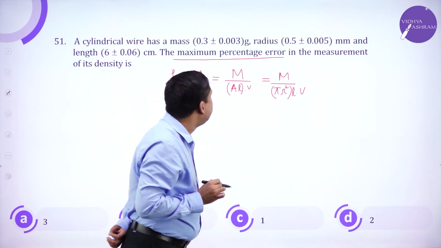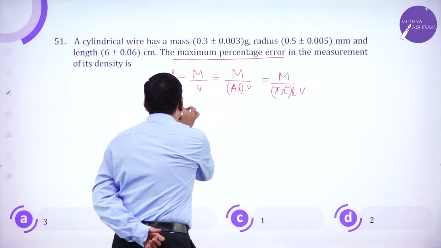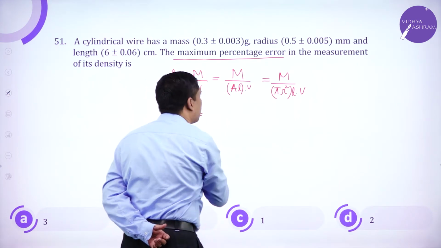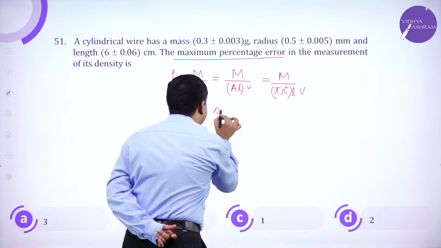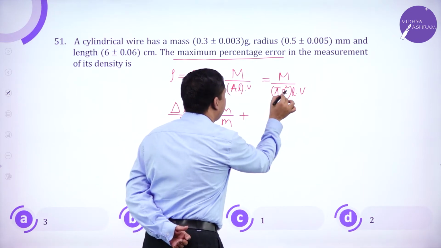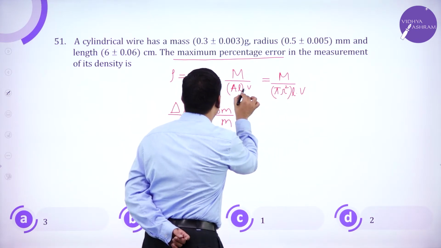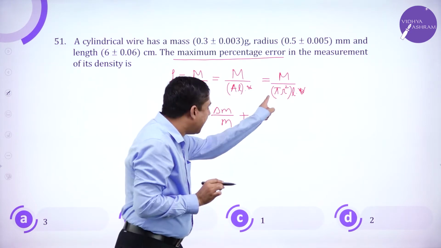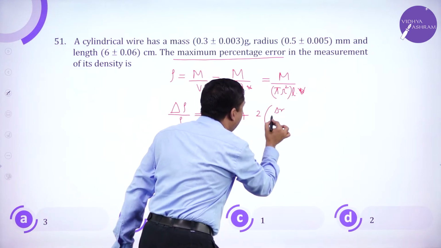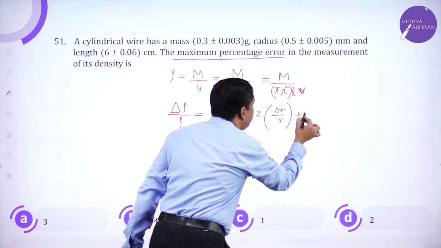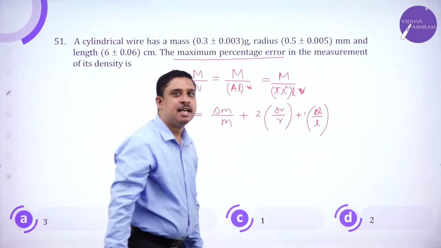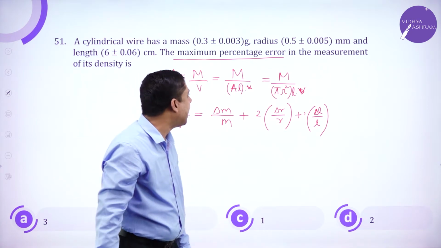Percentage error in the measurement of density. First I calculate relative error. Delta rho by rho is delta m by m plus, A into L is volume, plus R square, so 2 delta R by R plus 1 delta L by L. This is rule 3 pertaining to errors.